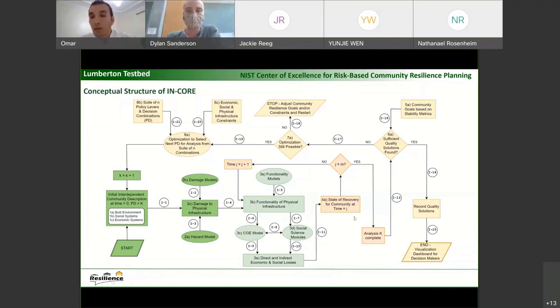She is almost done with many analyses related to these subtasks. Also the University of Oklahoma team is working on the optimization and the resilience goals and constraints, along with optimal mitigation strategies related to Lumberton, North Carolina. So this is for the presentation. Does anybody have any questions before we go to the notebook?